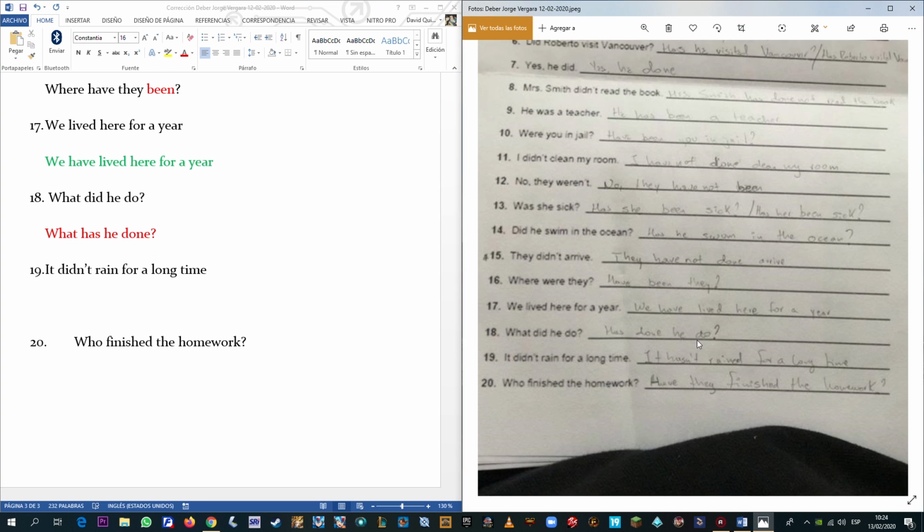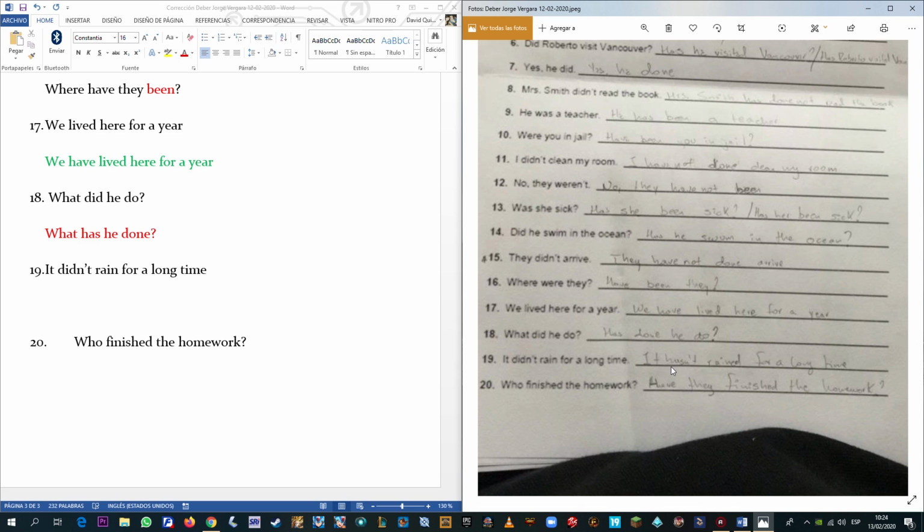Now let's go to the 19th. It says, it didn't rain for a long time, and our student wrote, it hasn't rained for a long time, and it is correct. It hasn't rained for a long time.